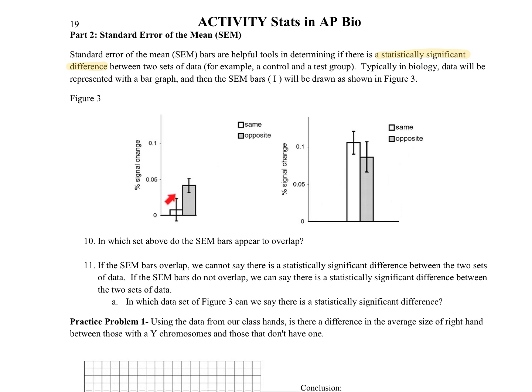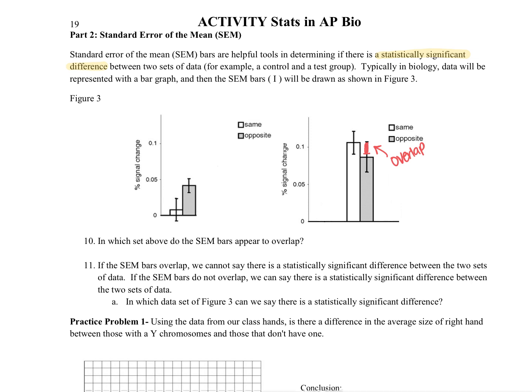So you can see here that the bars do not overlap. In other words, the top of this bar does not cross into the range that the bottom of this other bar does. Whereas on this graph, the top of this bar is definitely in the range of the bottom of this bar right here. So if the SEM bars overlap, we cannot say there is a statistically significant difference between the two sets of data.